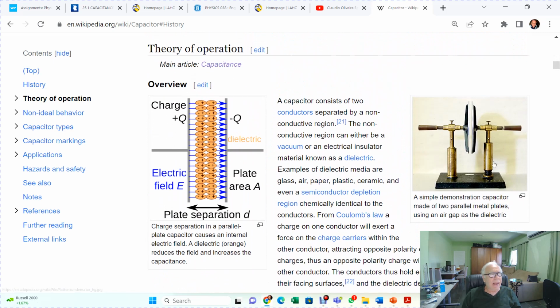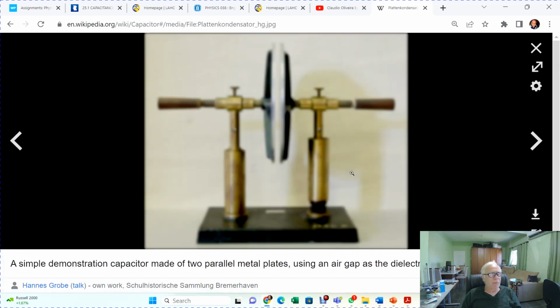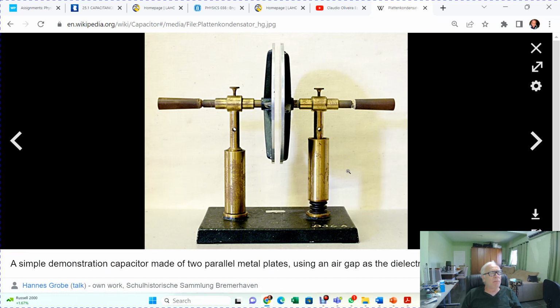Here, I like this illustration of the capacitor. This is just one possible type of capacitor. This is the parallel plate capacitor. We already studied how the electric field behaves between those two plates, right? So what we have here, we can charge this device by connecting it to a battery. One is going to be positively charged, the other is going to be negatively charged.